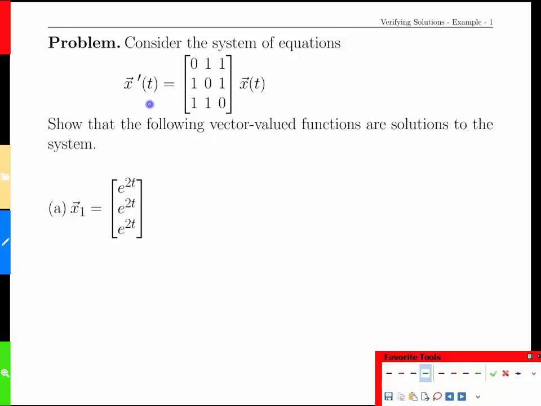Here is exactly that scenario where we have the derivative of an unknown function, some matrix times the vector of unknown functions. What we'd like to do is show that there are solutions to this and that we can demonstrate those solutions in the same way we did before, and we will verify in the same way we did before.